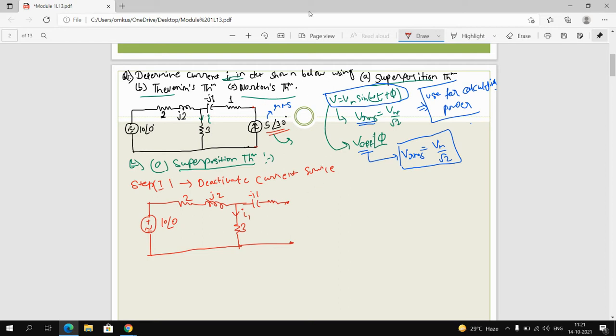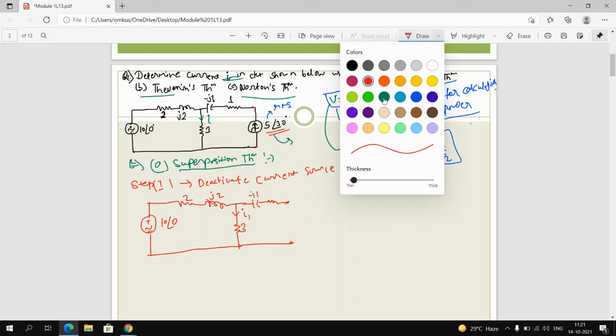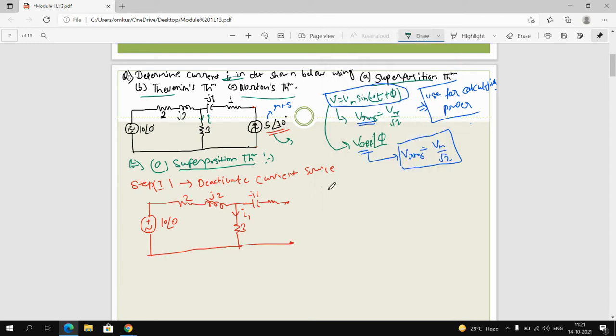So what does the superposition theorem state? According to the superposition theorem, I is equal to I1 plus I2, right? In the first case, when I deactivate this, calculate this I1 current. Now see, this is in series because this circuit is open, so no current flows from this side.